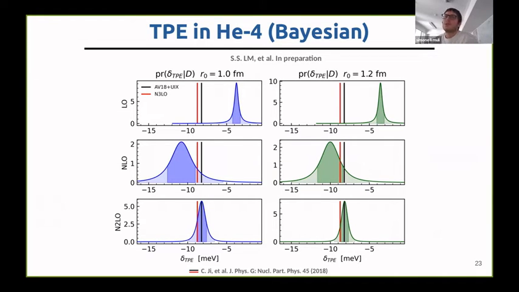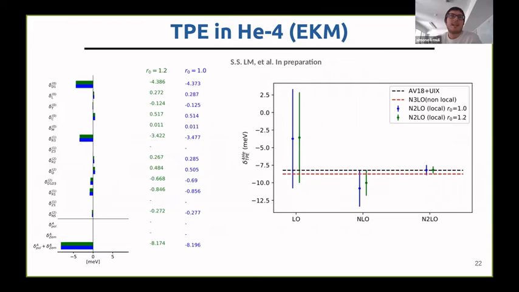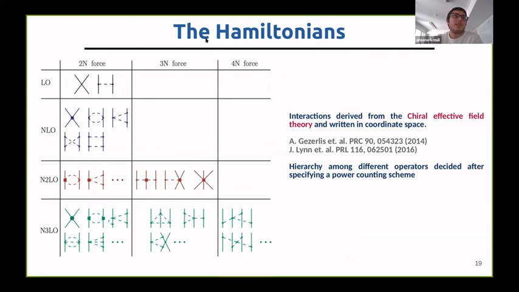No, this is not what we do. Now I should have included a backup slide. But this uncertainty does not involve the low energy constants of the Hamiltonian. It involves the fact that at some point we need to truncate this expansion. So for the moment we are truncating this expansion of the Hamiltonian at the next leading order.